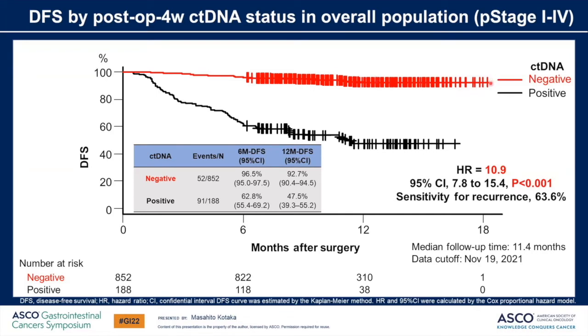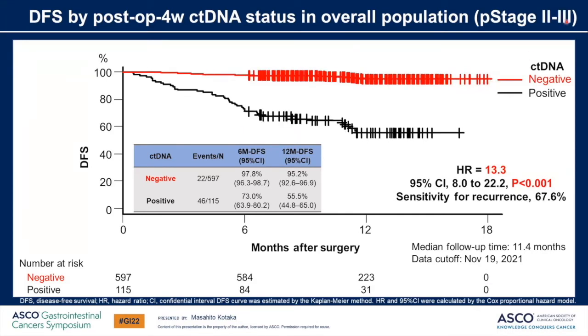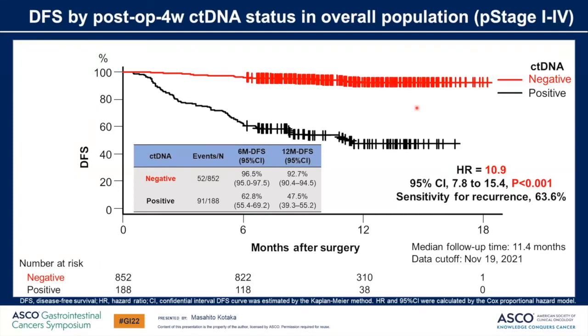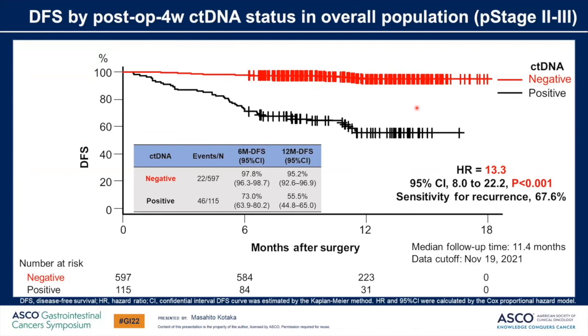Now, if we focus just on stage 2, 3, you notice it's really not a whole lot different, right? So, going back and forth between the two. And I think this is the key point, is that we talk about how important stage is, but ctDNA looks like a really strong prognostic marker, right?